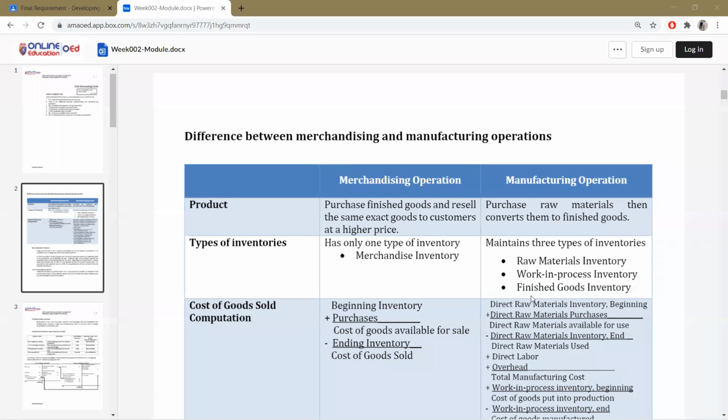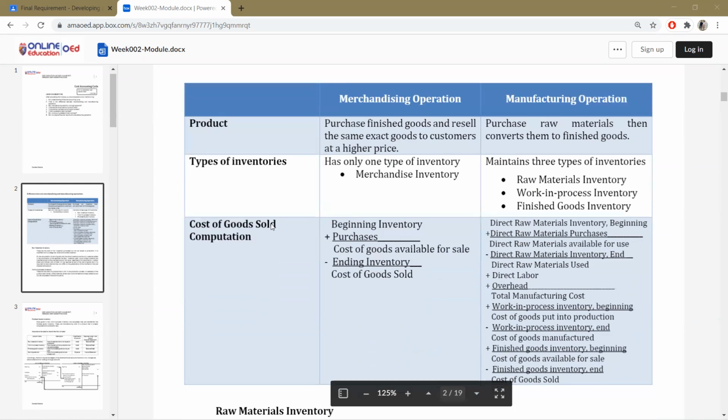And the last one is the finished goods inventory. When work in process is finished, it is then transferred to the finished goods inventory. Okay.